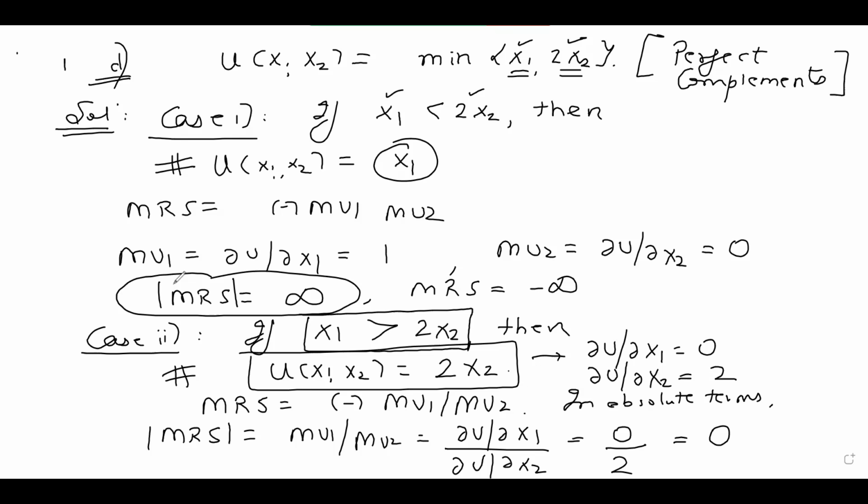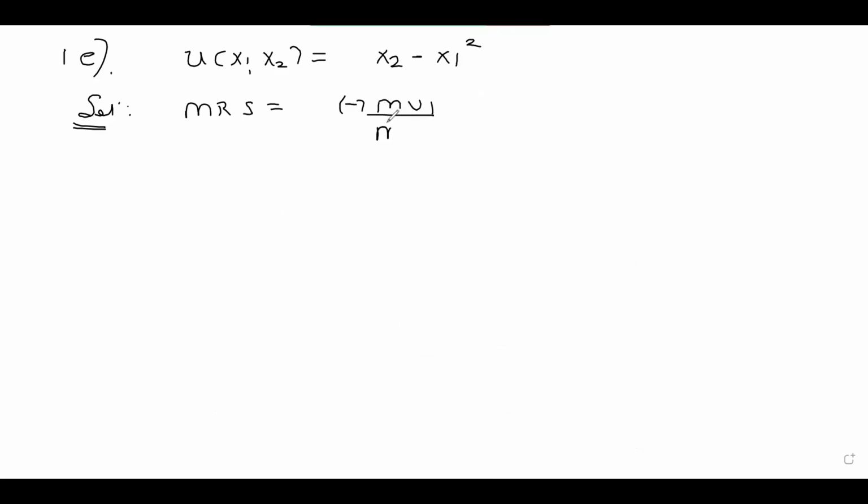So, erasing all this off. We are again given the utility function as x2 minus x1 square. If I have to find MRS, how do I find that? It's again minus mu1 by mu2. What is mu1?